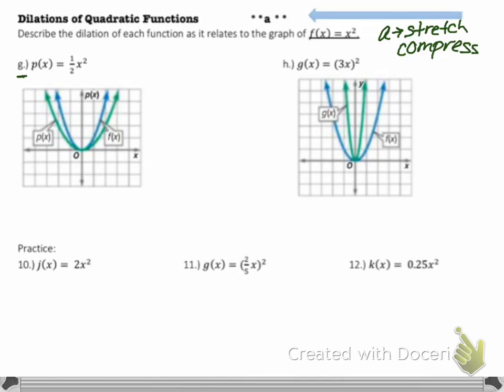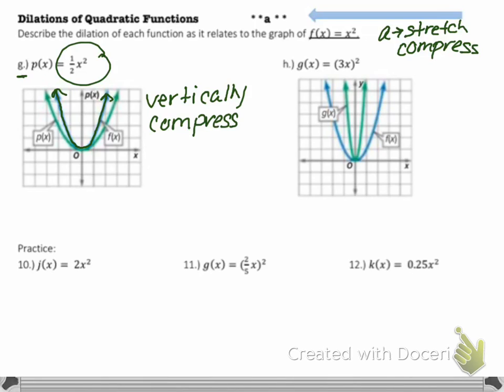Okay, so in my first example, here's my parent function right in the middle. There's my parent function. And then I changed it to 1/2 x. And so I see that it vertically compressed. And then in my example H, I see that I have a coefficient that's 3.